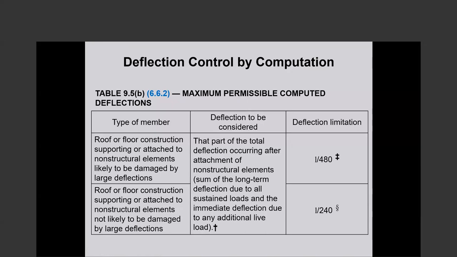So after the non-structural elements are attached, if any additional live load is imposed, the immediate deflection due to that, plus the long-term deflection due to all sustained loads, is what these limits apply to.